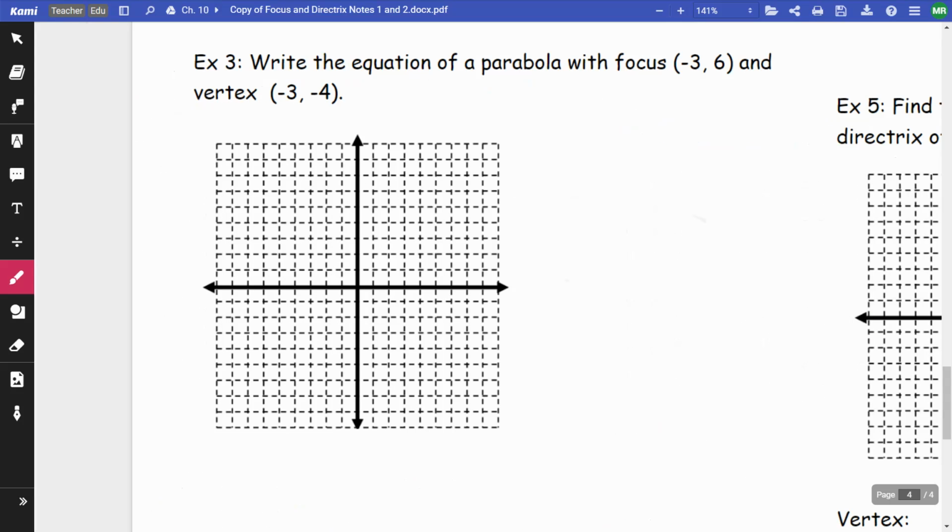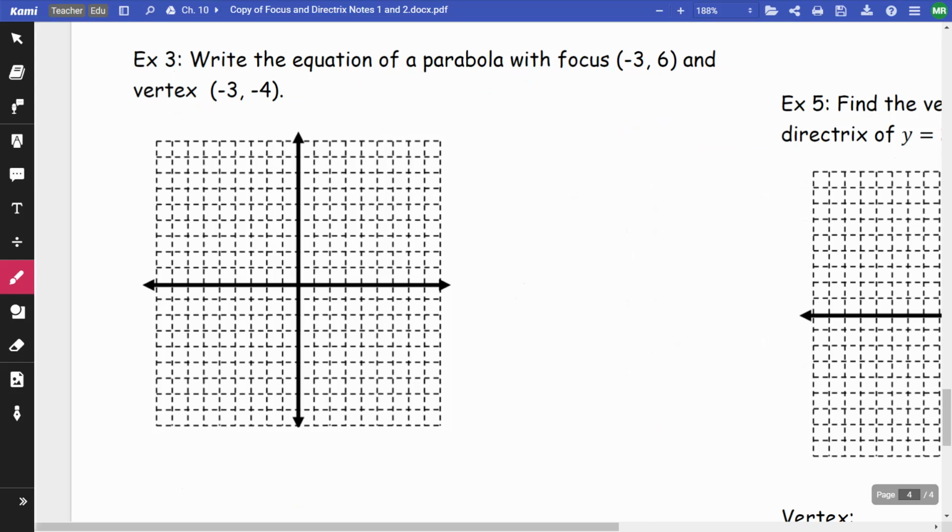So this one's slightly different. They actually gave me the vertex, but I need to still find my stretch and everything, okay? So you want to be careful and make sure you pay attention to what's what. This is my focus. So I'm going to go to -3, 6.